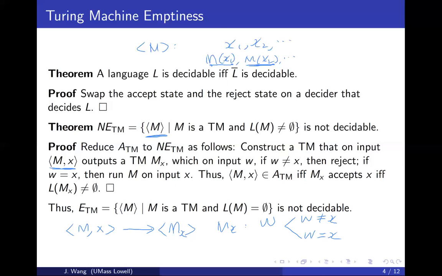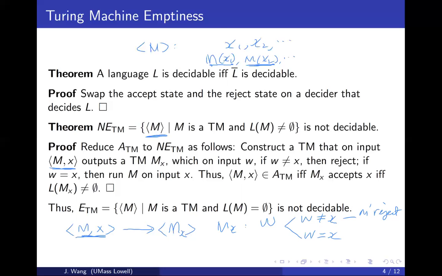Because you know this M and this x, based on M and x, I produce a new Turing machine that on input w, if w is not equal to x, then rejects.